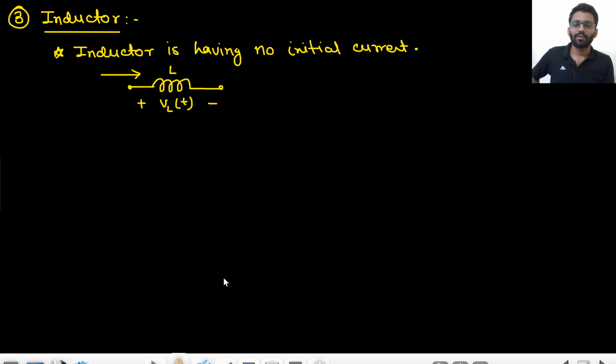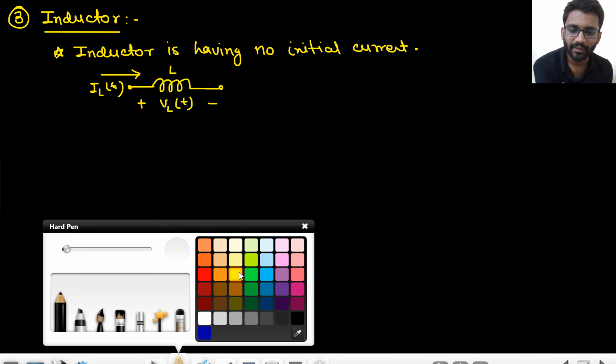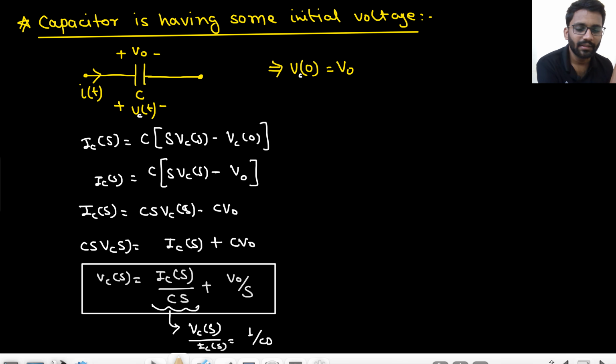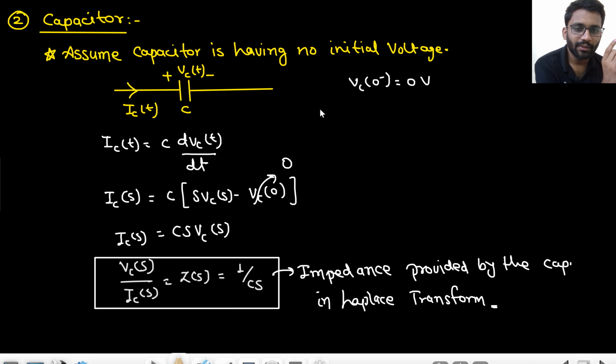Okay, now talking about the inductor. The current coming here is iL(t). Let's write down the expression. Initially no current is there, like in the capacitor, where we saw initially no voltage.